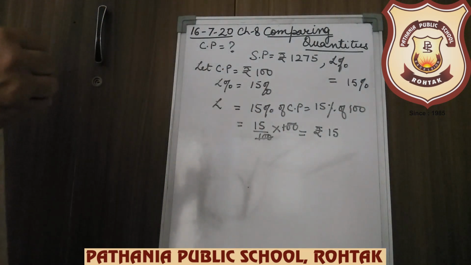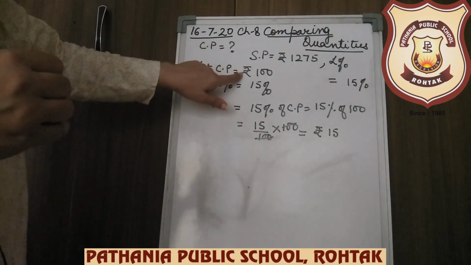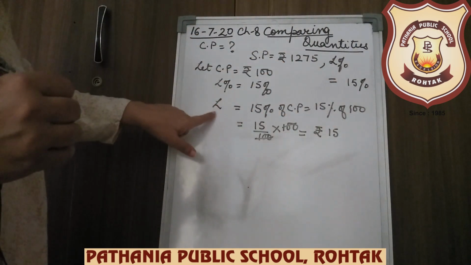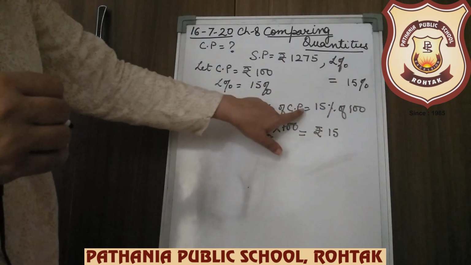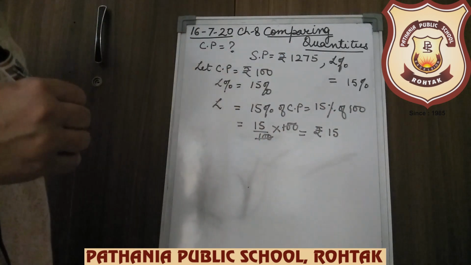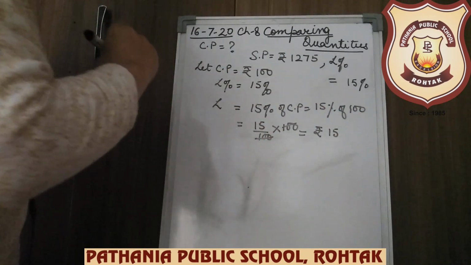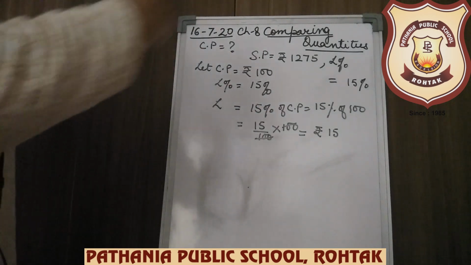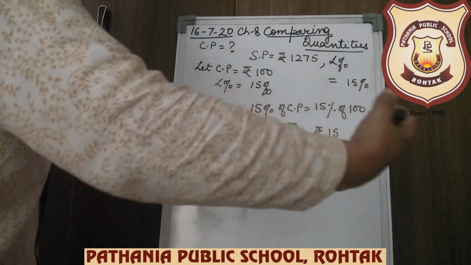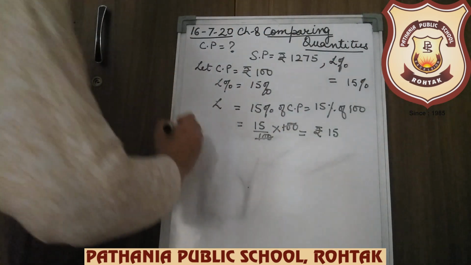Is this step clear? You have assumed CP as 100, loss is 15% which is given. So loss will be equal to 15% of CP. CP is 100. So my loss has come as 15. Now you have to find CP.